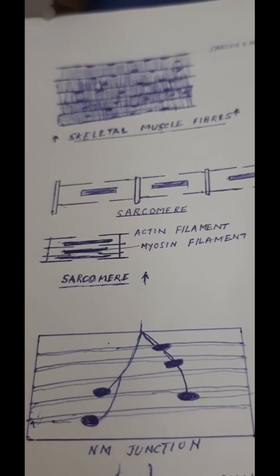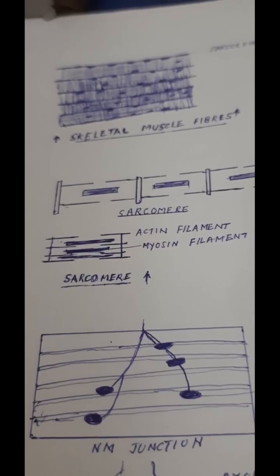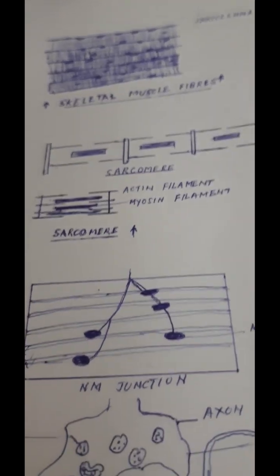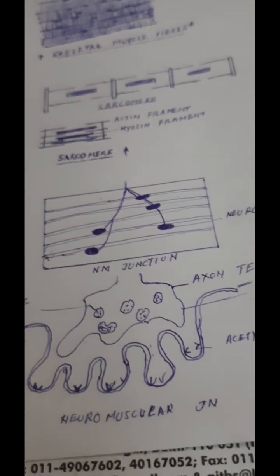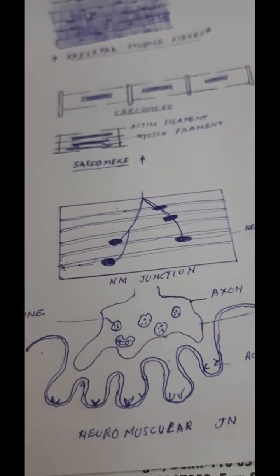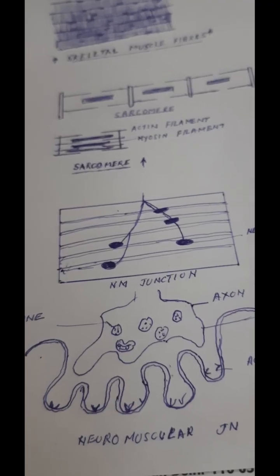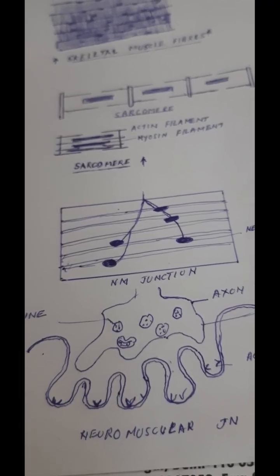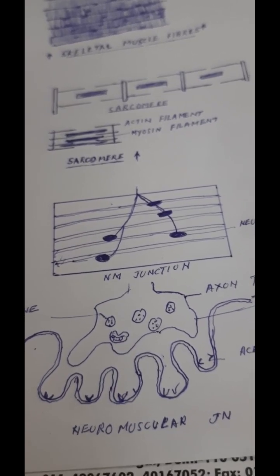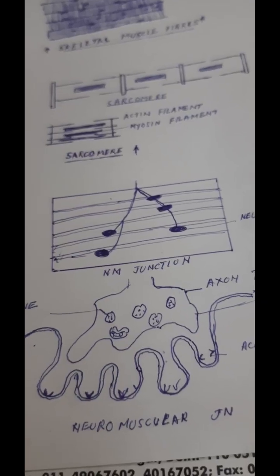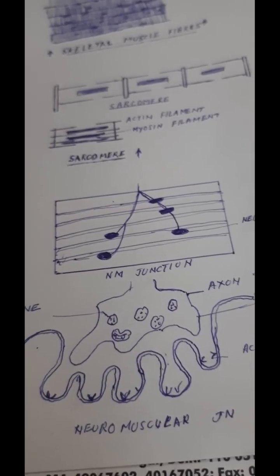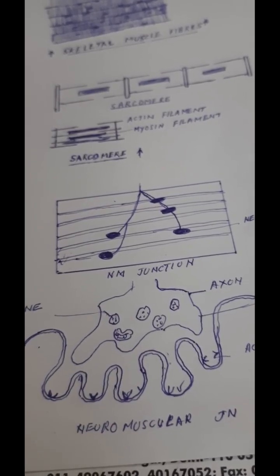There is a motor end plate, and this neuromuscular junction, this thickened ridge, is folded. If you enlarge the microscopic picture, the thickened ridge over the sarcolemma is folded. There are so many folds in the sarcolemma. The reason is that you find the axon here, which is part of the nerve fiber.